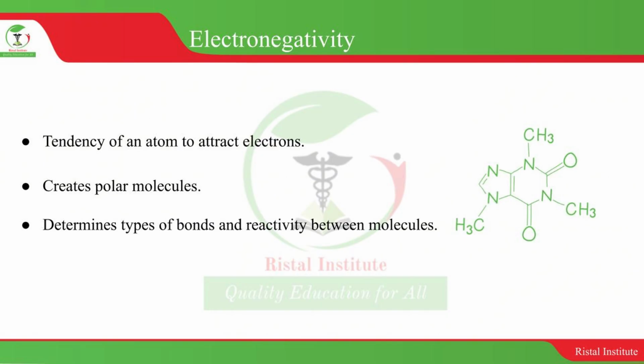So we can basically predict that kind of reactivity. Electronegativity influences the chemical reactions of molecules, but also plays a role in the formation of chemical bonding and in the overall chemical structure of the given molecule.